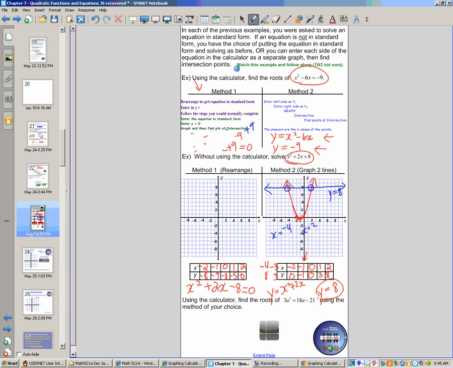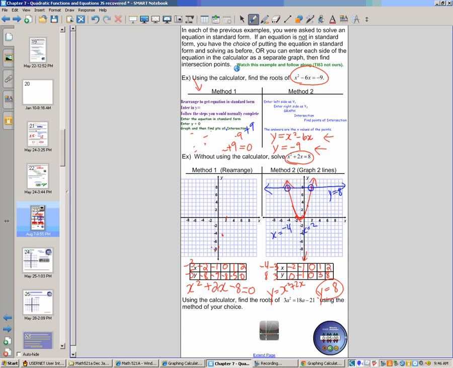So we have negative 2 and negative 8, negative 1 and negative 9, 0 and negative 8, 1 and negative 5, and 2 and 0. My board's not quite right. On the other side we expect it to go the same, so negative 3 would be a negative 5.